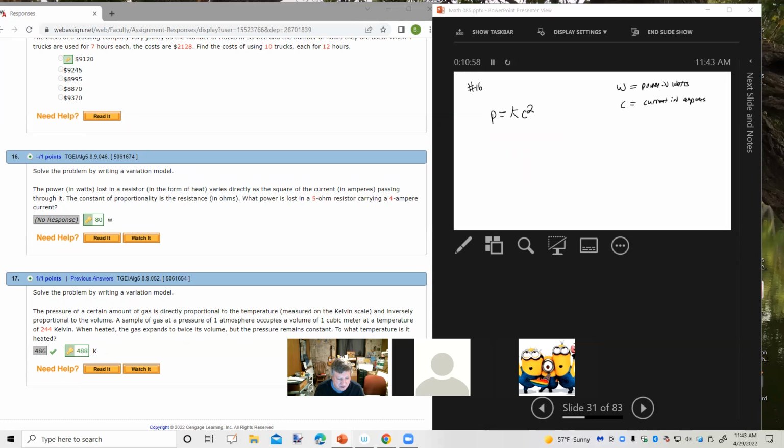This one's a little tricky because the variation constant is the resistance. So that's going to be 5 ohms and carrying a 4 ampere current. So we get 5 times 16, which is 80. So that would be 80 watts. This one's a little bit trickier because they gave us the K value.